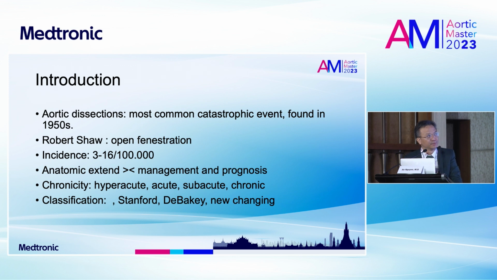Aortic dissection is the most catastrophic event, and it was found in the decade of the 1950s. The first operation was an open fenestration done by Robert Shaw, and the incidence differs from country to country, around 3 to 16 per 100,000 people.